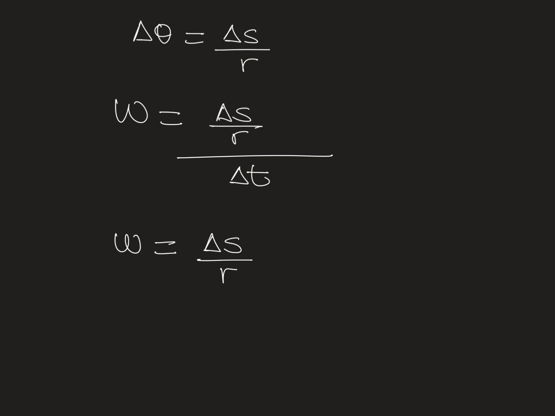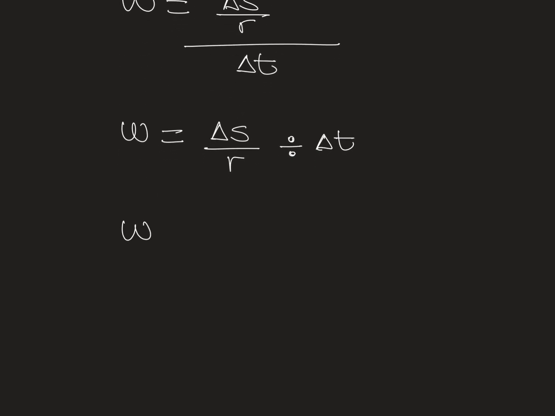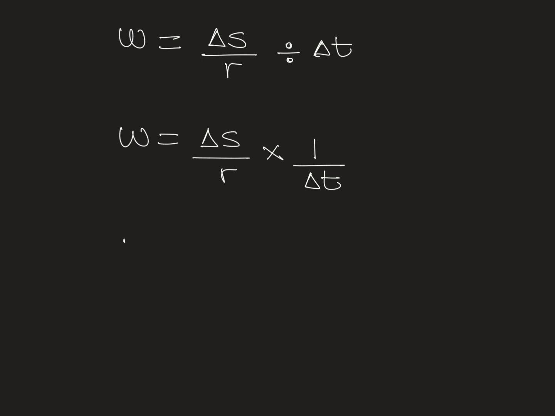So if we want to use the short division sign, we can say divide by delta t. So omega is equal to delta s all over r times 1 all over delta t. That is, if we want to change this division sign to multiplication, the delta t will be inverted. So omega is equal to delta s all over r delta t.